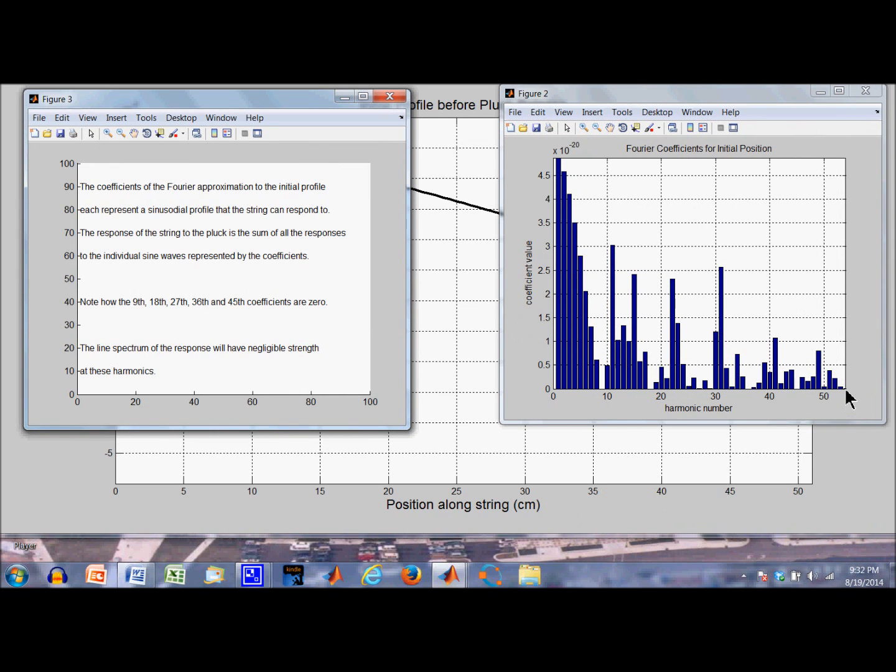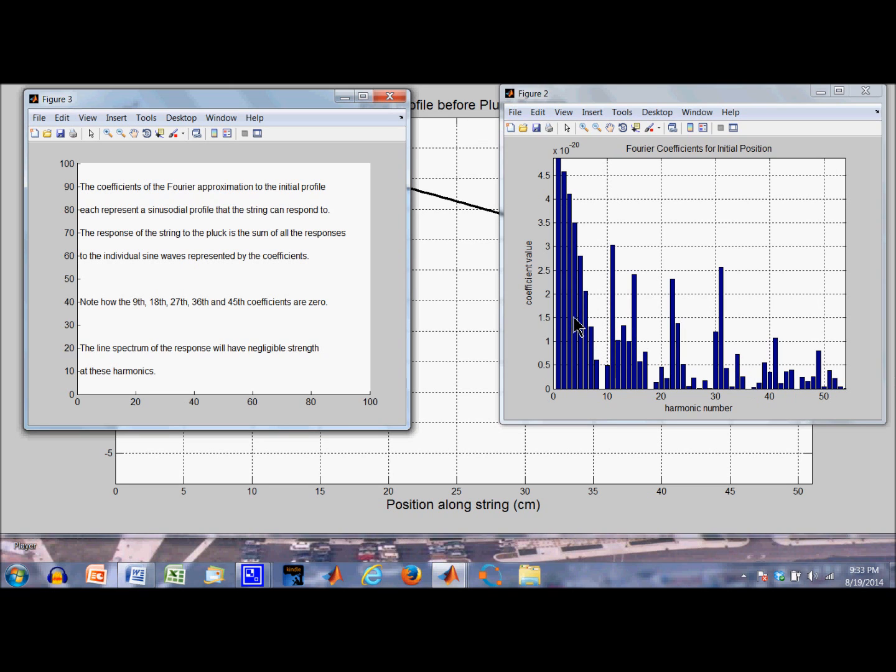I'm using 54 harmonics in the approximation, and you can see, for example, that the 9th, the 18th, 27th, 36th, and so forth, 45th, 54th are 0. And I'm mentioning this because one way to look at the response of a string is that the initial position can be approximated by these various sine waves with these various coefficients.